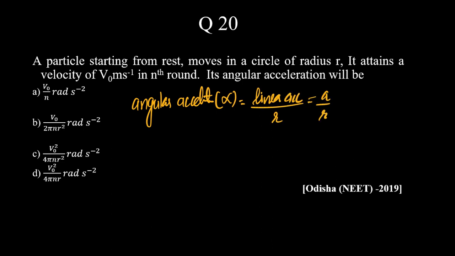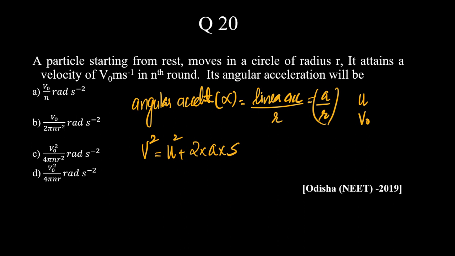So we've been asked to find out the value of a by r or alpha. So I'll first write down the equations of motion. We've been given initial velocity and final velocity, right? Initial velocity is u, final velocity is v0. Okay, so we have v square is equal to u square plus 2 into a into s.